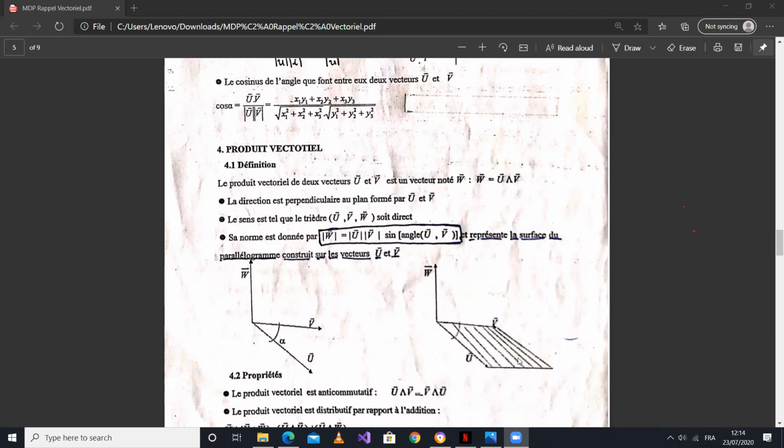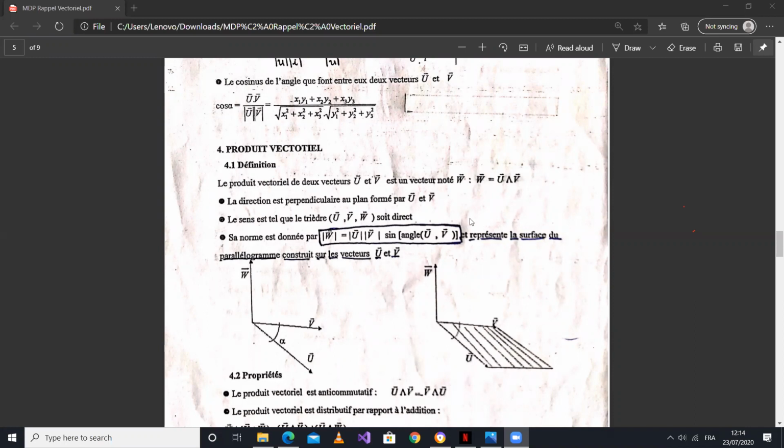When you project this and that, the parallelogram they're forming here, the area of it is the product vectorial. Is that clear? Okay, good.